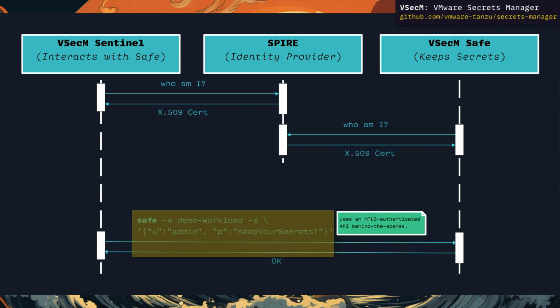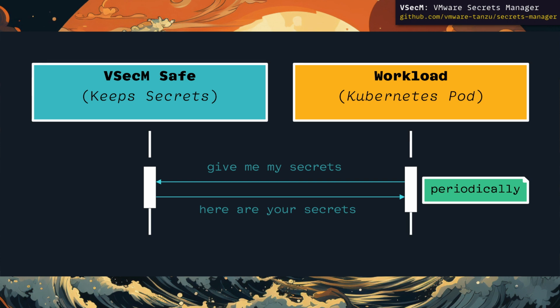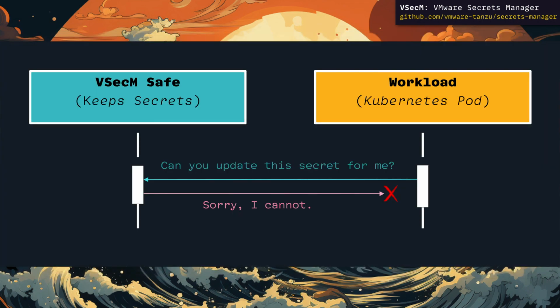Also, this enables us to design the architecture such that a workload can read its secret, but it cannot update it or register a new secret. When it attempts those APIs, VSecM Safe will reject the request because the workload's identity does not match Sentinel's identity. Or, in other words, the workload is not Sentinel, so it is not authorized to use those Sentinel-specific VSecM Safe APIs.